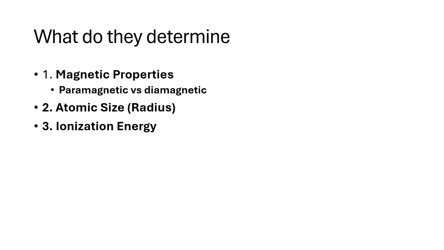Diamagnetic is if there are no unpaired electrons. That's going to have to be an S2, P6. So you're always going to draw 3 boxes for P. You're always going to draw 5 boxes for D. So S2 is diamagnetic.